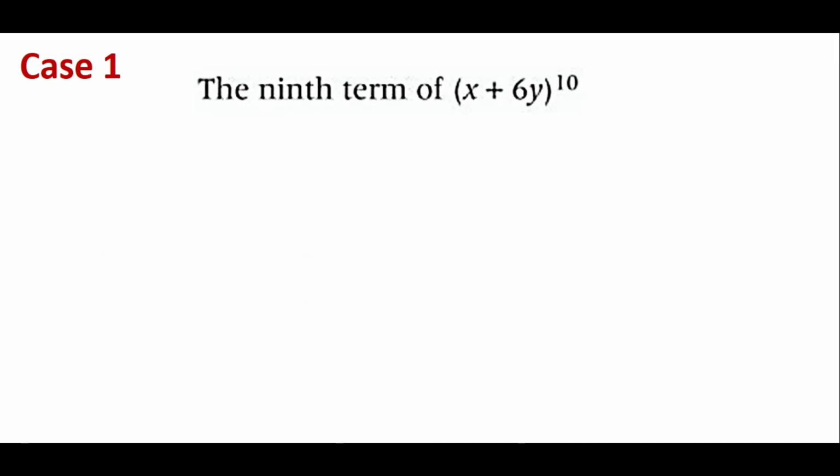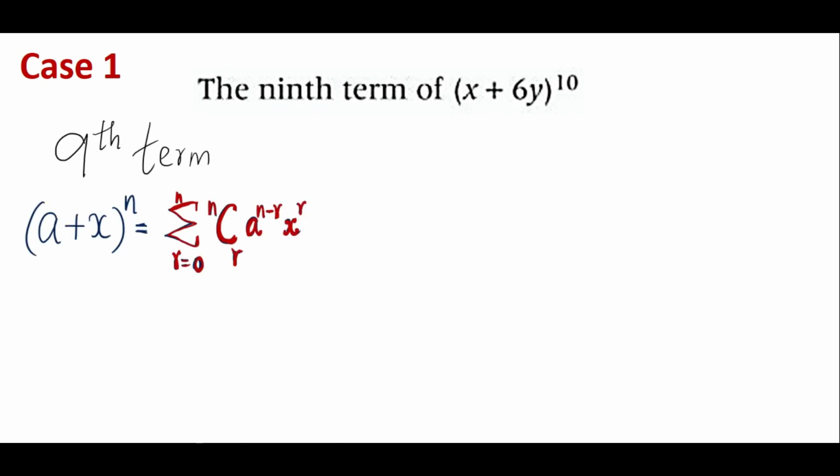Starting with the first question, case 1. The ninth term of (x + 6y) to the power 10. They are asking you for the ninth term. We have the formula with us. The value of n is equal to 10.